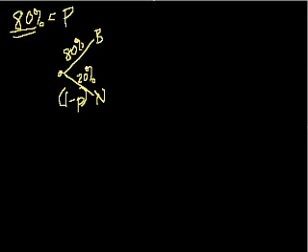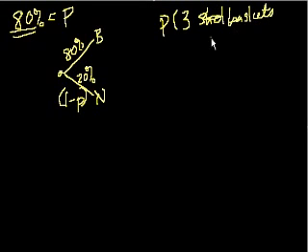So my question to you, let's do kind of the same examples we did with the coins. What's the probability of me making 3 free throws in a row? Let me say free throws, because this is my free throw percentage, not my overall shot percentage.